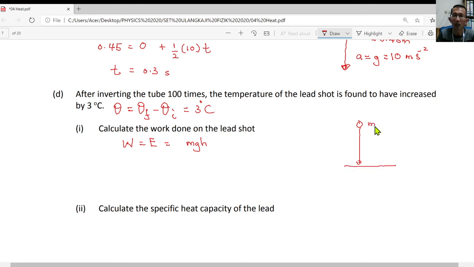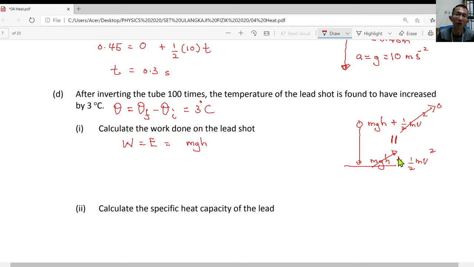Here I have mgh plus 1 over 2 mv square, and down here I also have mgh plus 1 over 2 mv square. But up here my velocity is 0, not yet moving, so I only have potential energy, and down here my h is 0, so I only have kinetic energy. But using the principle of energy conservation, these two values must be equal.